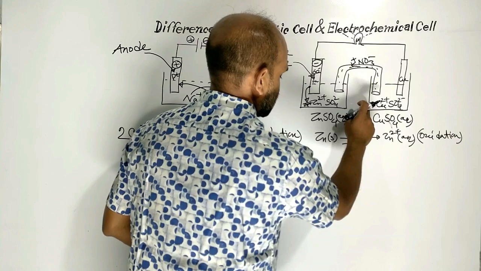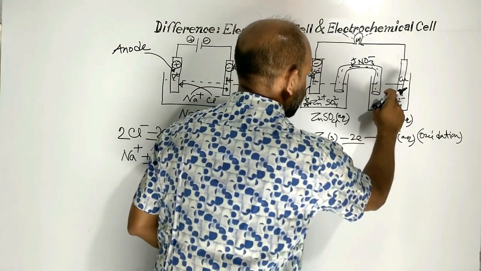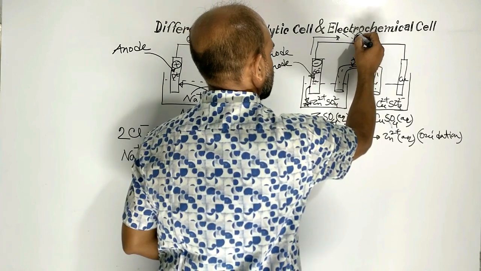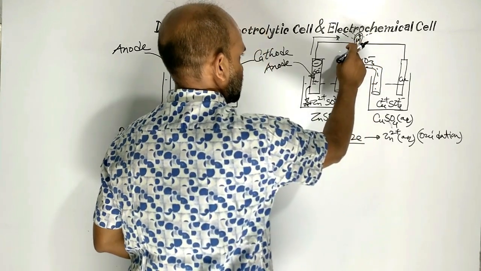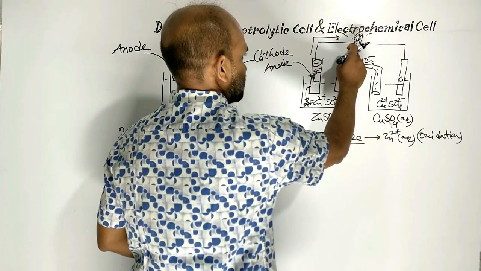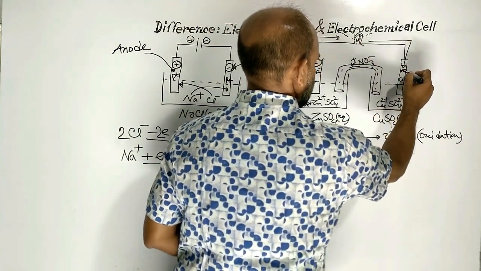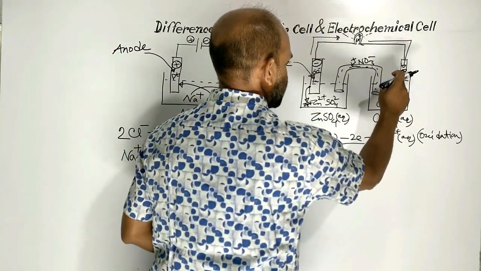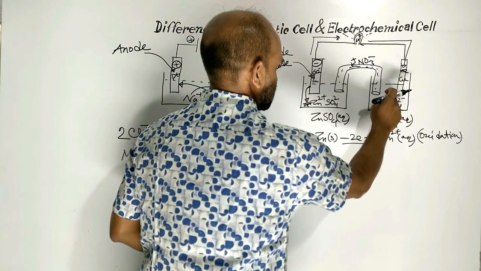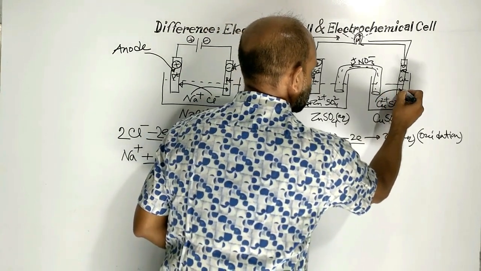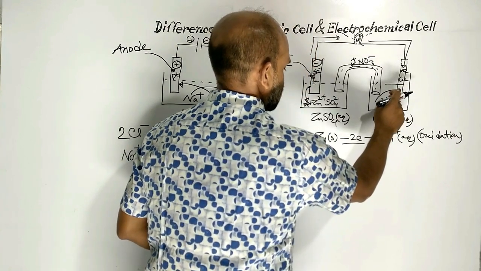In the right compartment, electrons flow through the filament. At the time this bulb glows, when electrons reach this copper, then copper 2 plus ions move towards this copper bar.